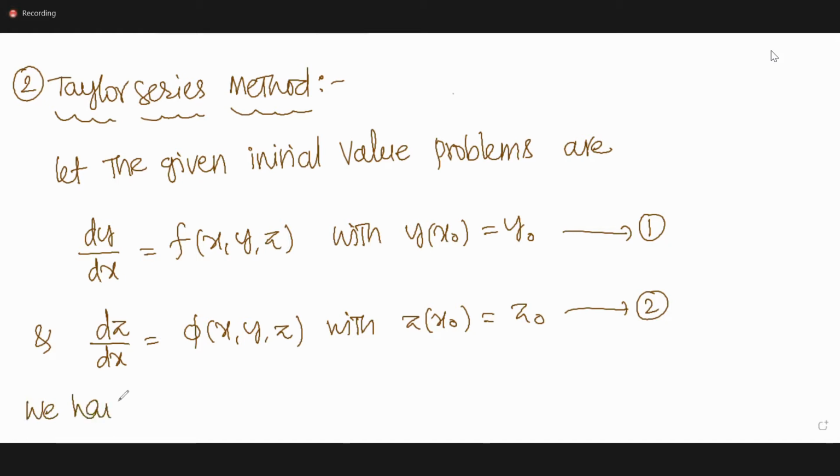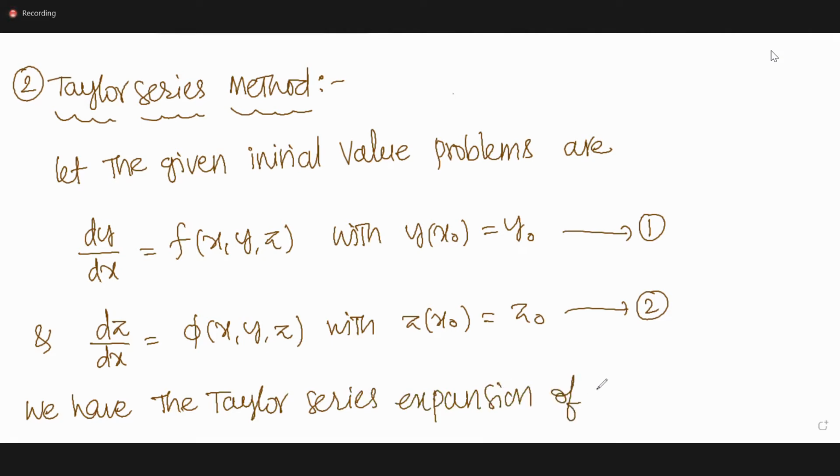We have the Taylor series expansion of y of x at the point x is equal to x naught.